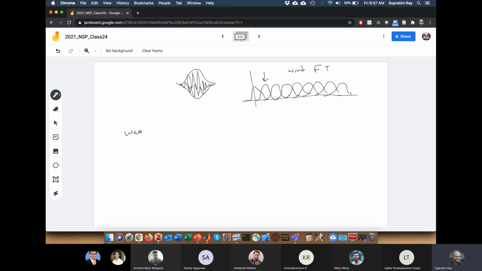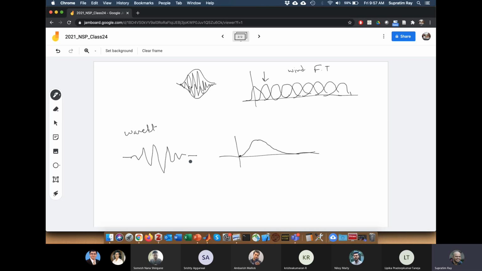When you talk about a wavelet, it's got some shape here. Because it is a zero mean signal, it has zero DC value. So a wavelet actually would look like this.